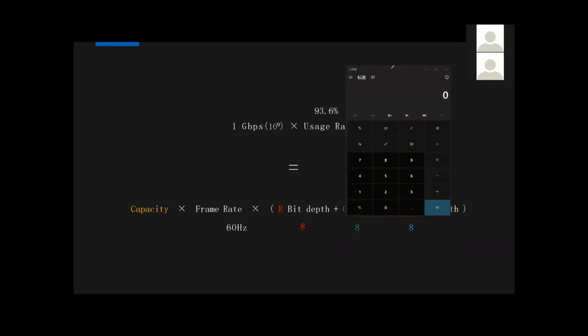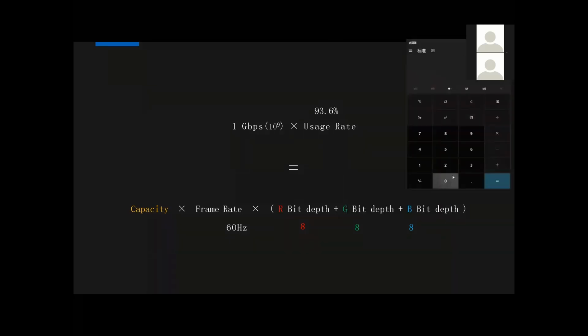Okay, so right now, if we do the calculation according to this formula, we have the total bandwidth. This is 1K, and this is 1 megabit.